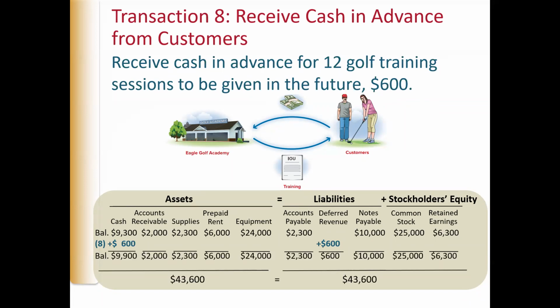Our assets, though, still equal our liabilities plus our stockholders' equity. Okay, guys, what will happen after we perform this service is then we will no longer have that liability. So the liability will go down, but our revenue increases. Okay?